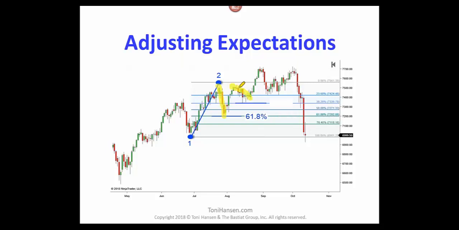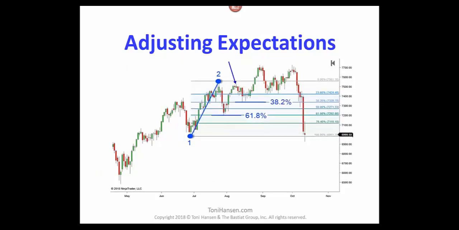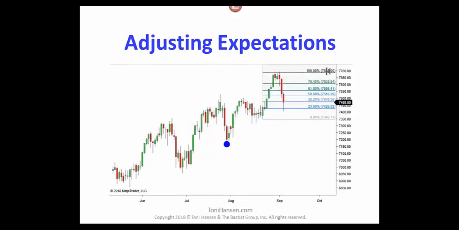You've got a lower high here and a higher low, shorter upswing. So instead of looking for this bigger swing as a target level, I dropped down and used the smaller movement instead.